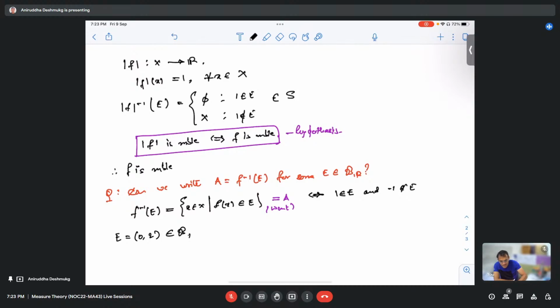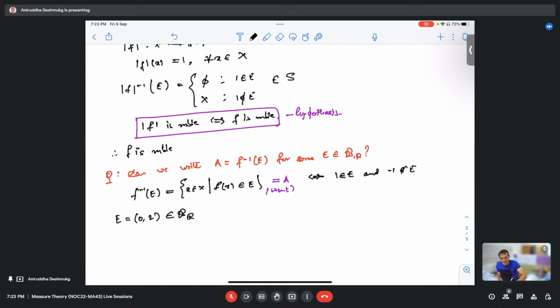This is inside the Borel sigma algebra, right? Why? Because it is an open set and the Borel sigma algebra is generated by all the open sets. So this must be inside B(R). And then f inverse E is A, correct? Now f is measurable, so the pre-image of a Borel set is measurable. So this is inside S. Have we proved that the power set of X is equal to S?